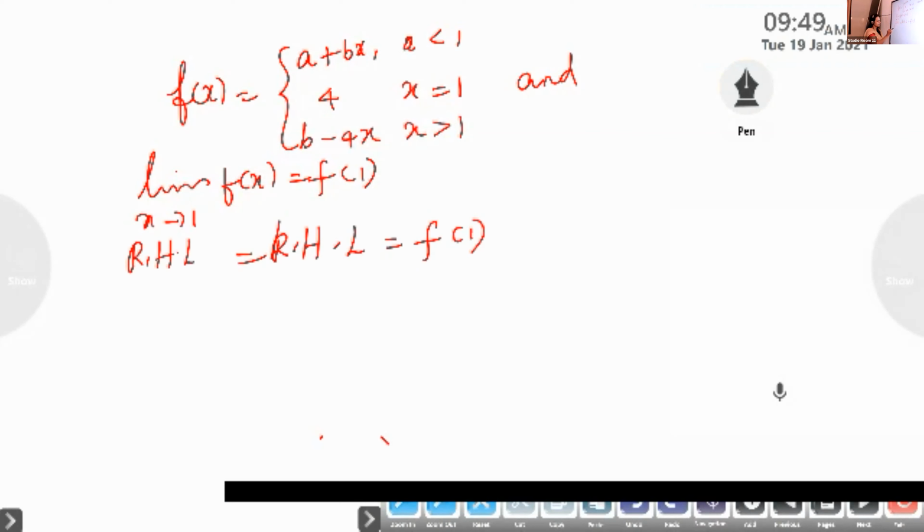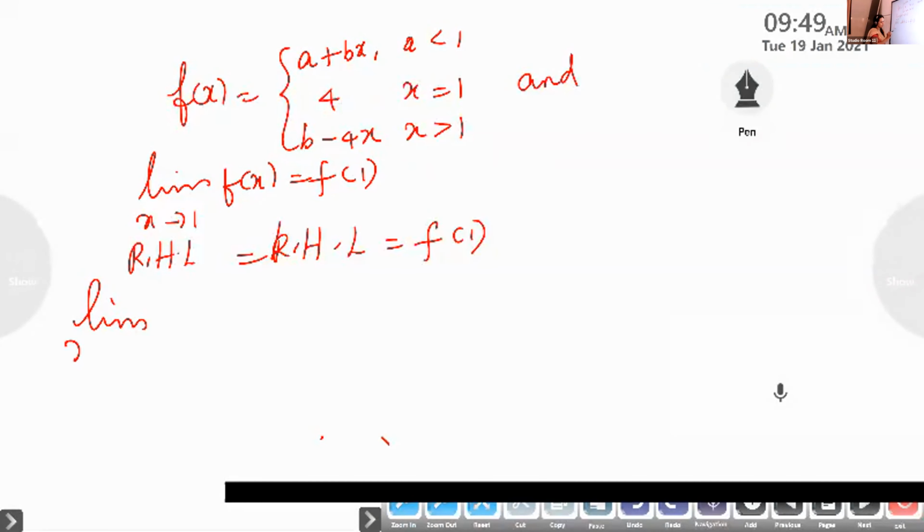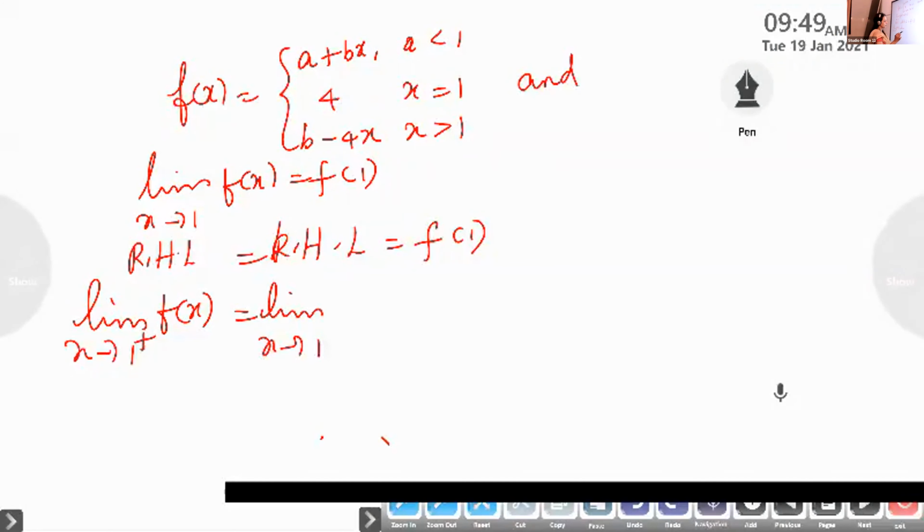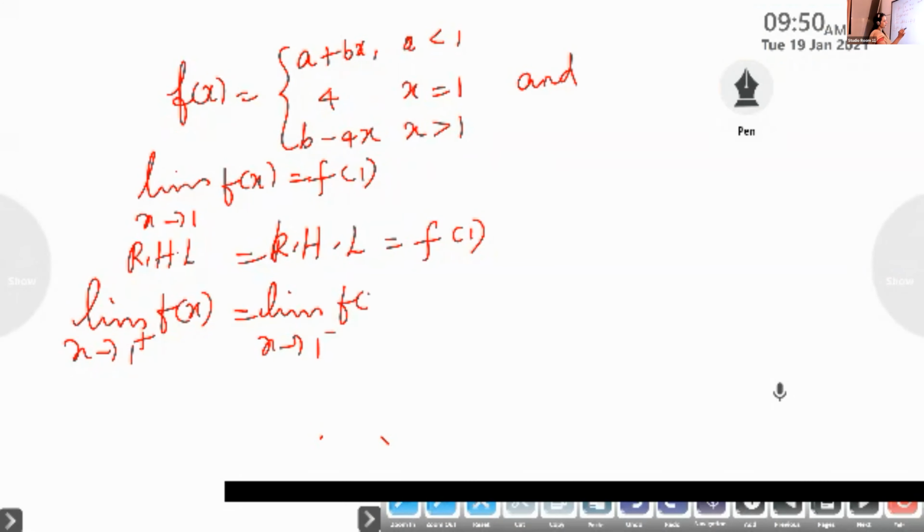That is the same as the limit extending to 1 plus of f of x. Right hand means it is more than 1. It is the same as the limit extending to 1 minus of f of x, equal to f of 1. What is f of 1? When x is 1, it is given as 4. Now apply the values.